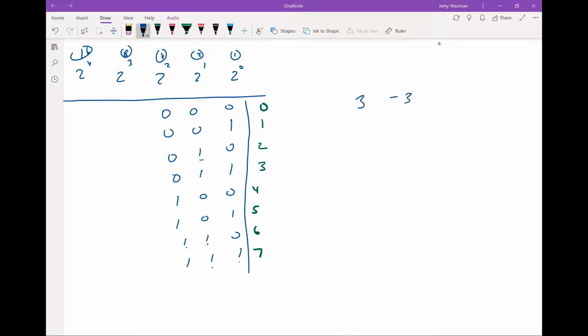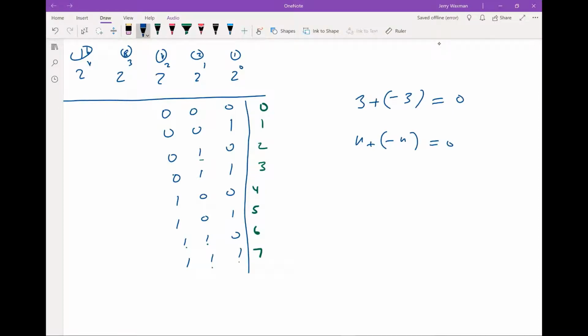So -3 would be such a number that when I add it to a 3, I end up with a 0. It's called an additive inverse. It's the thing that makes it go to 0. It's the same with any negative number. If I have a number n, then minus n is going to be the number that when I add it to n, I get a 0.